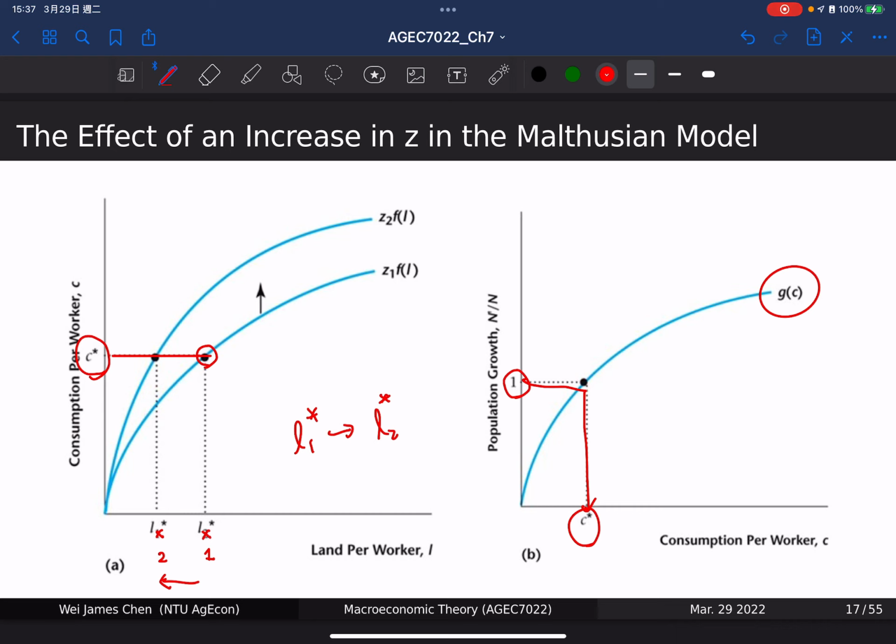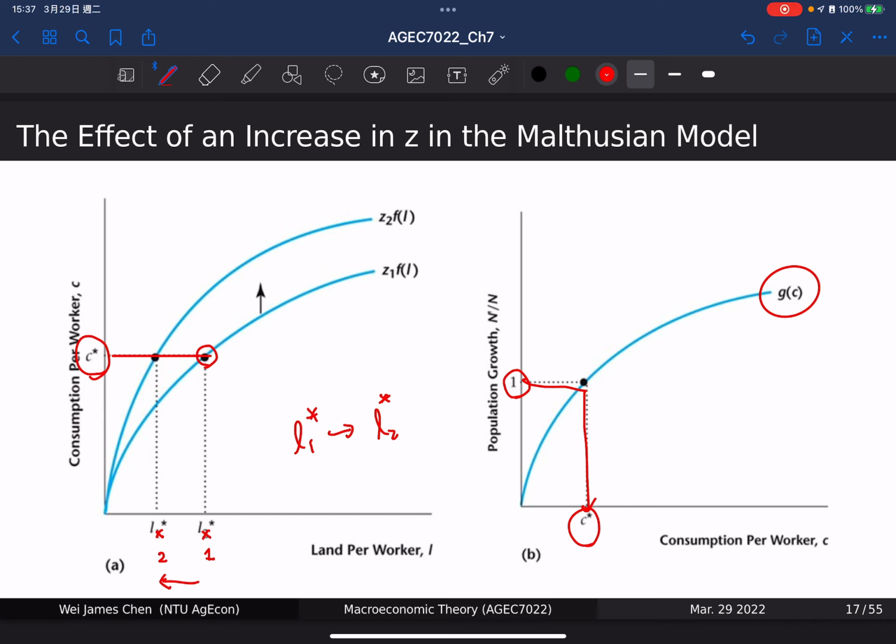This is basically saying that someone in the past invented some new way for agricultural production, like a better irrigation system, or a better way to cultivate, even a better tool. So output increased, given the land per worker, that's how many workers are on a particular piece of land, right?